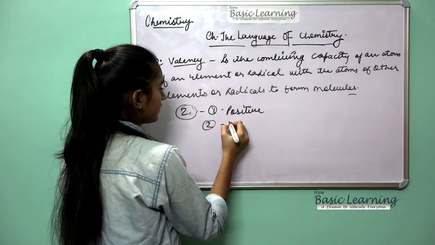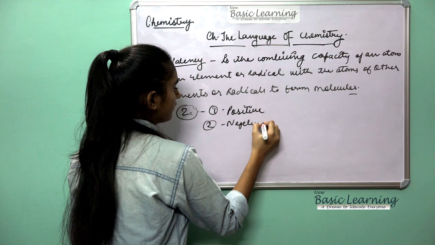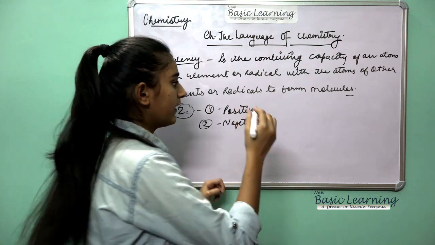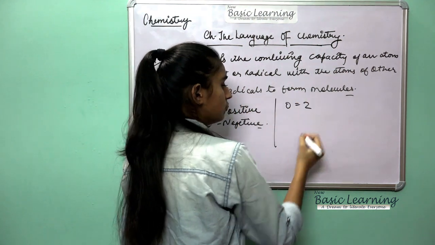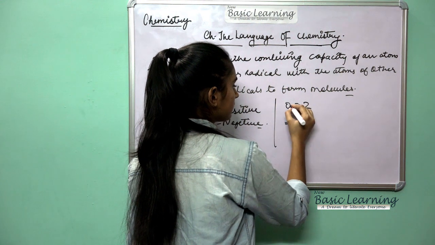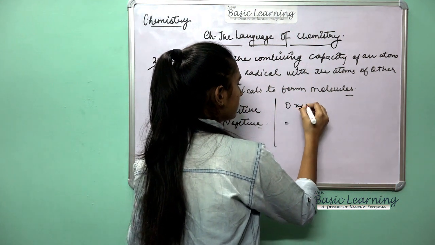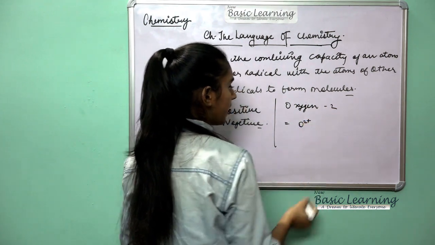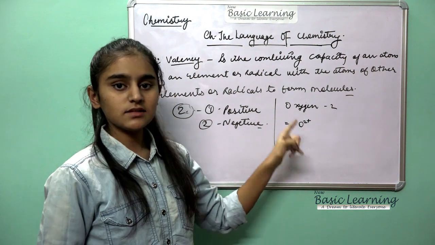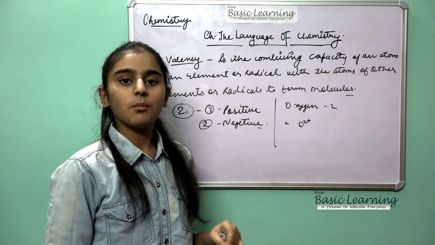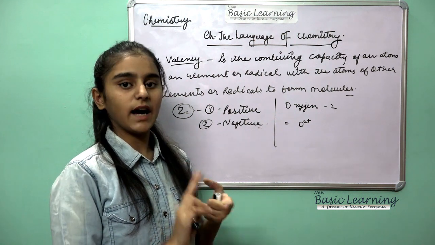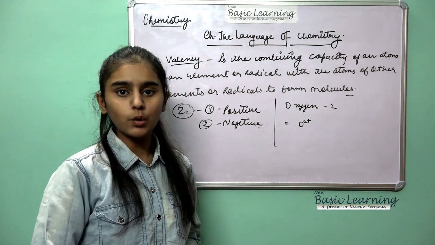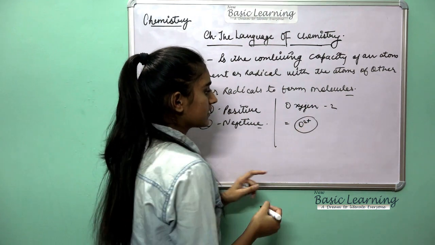If I talk about the valency of oxygen, the valency of oxygen is 2, so it will be written as O2 plus, and it will be considered divalent. Monovalent is for the first, divalent is for the second, trivalent is for the third, and tetravalent is for the fourth. So this is the positive valency.